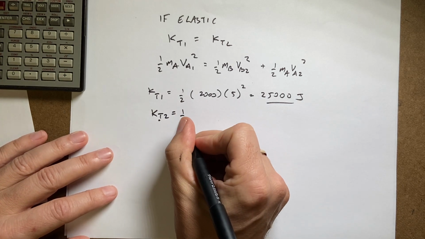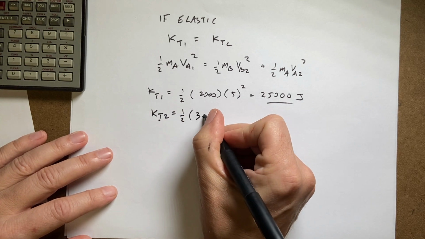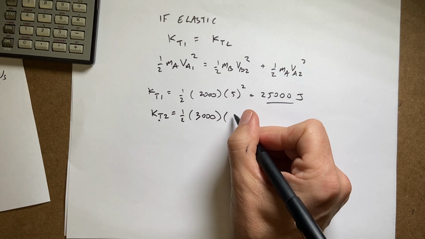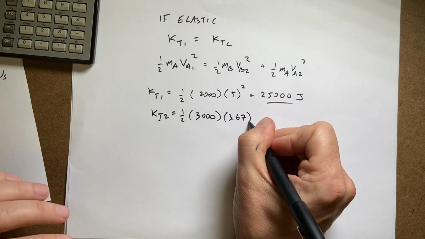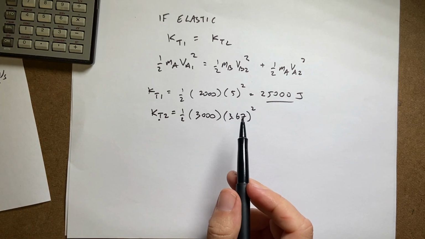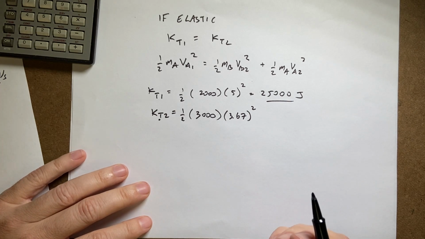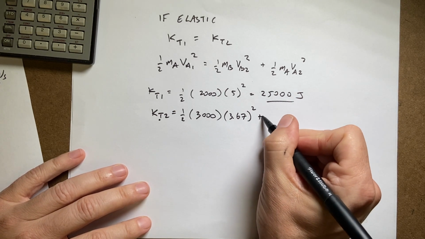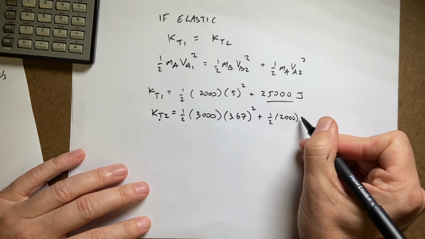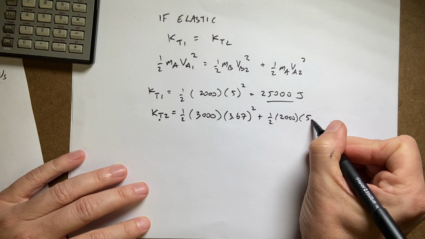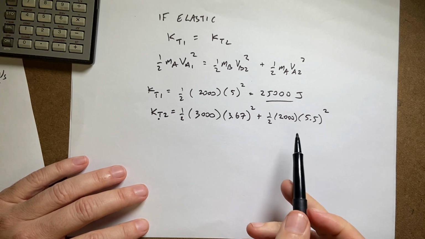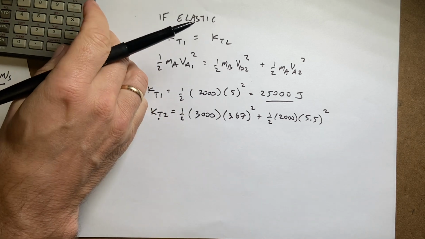Now let's do K total afterwards. It's going to be 1/2 times mass B, which is 3,000, times velocity B, 3.67 squared. Here you do have to worry about once you start rounding numbers and squaring them, you can cause problems, but if it's close, I'll be okay with that. And then plus 1/2 times 2,000 times VA2, which is 5.5 squared. Wait, VA2 is 0.5, not 5.5. You'll notice that kinetic energy has to be positive. That's just a side note.